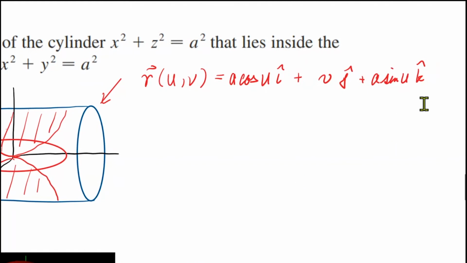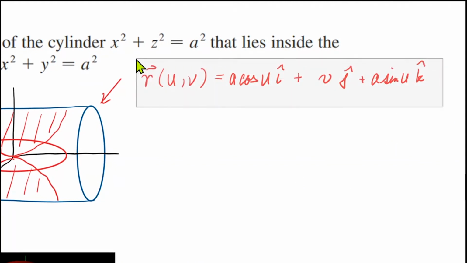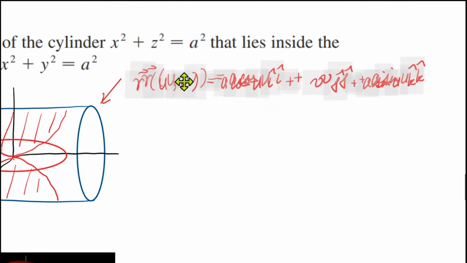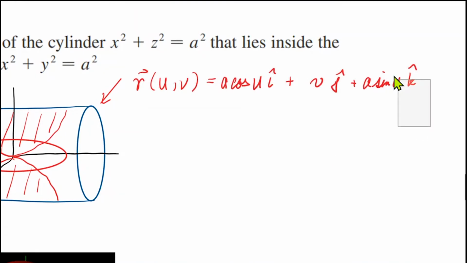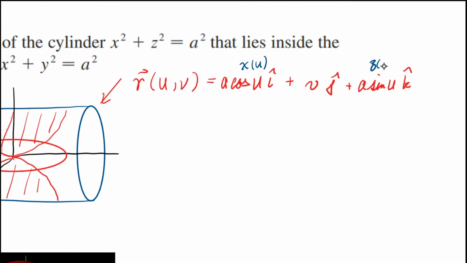Because we really don't care what that is, because it has an independent degree of freedom. You know why it has to be independent? Because it doesn't even enter the equation here. Do you get that? So this is x, which is a function of u. This is z, which is a function of u. And this is just y, which is a function of v. Good.